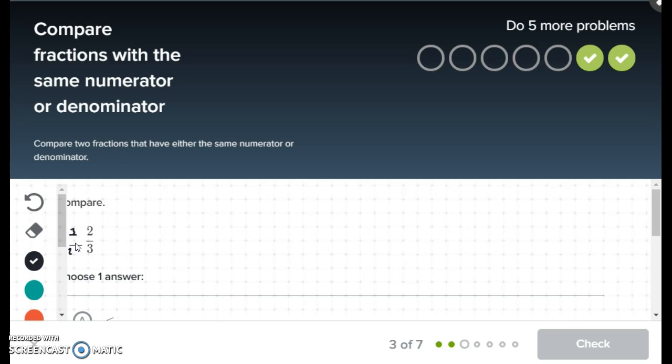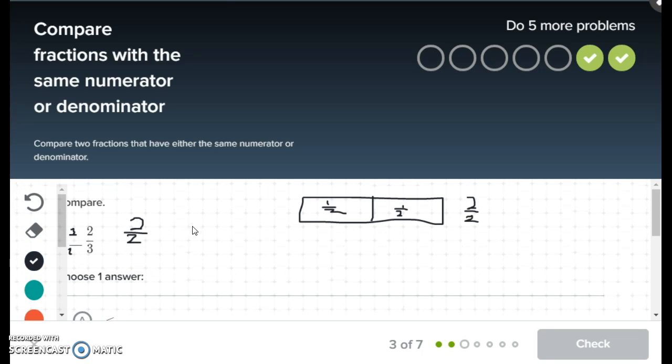In this special case, 2 over 2 is 1 whole, because 1/2 plus 1/2 equals 2/2, which makes it 1, which is greater than 2/3, which is not 1. So that is a cheeky little trick to know when you have one that's greater than another. So the second one, 2 over 2, is obviously greater than 2 over 3.